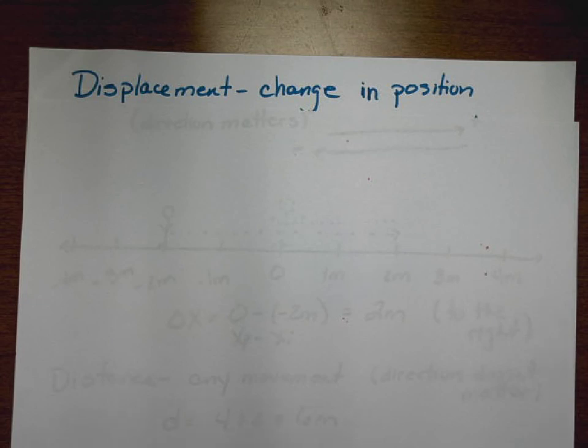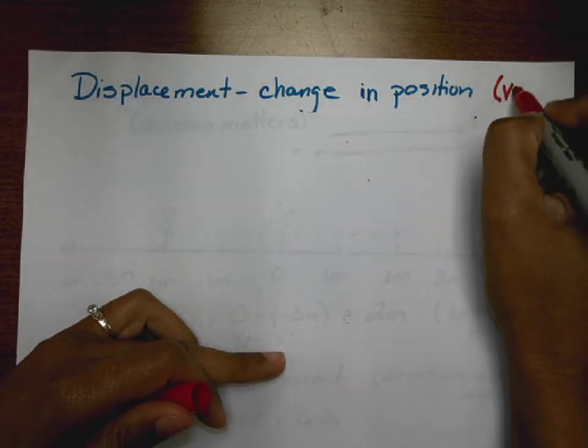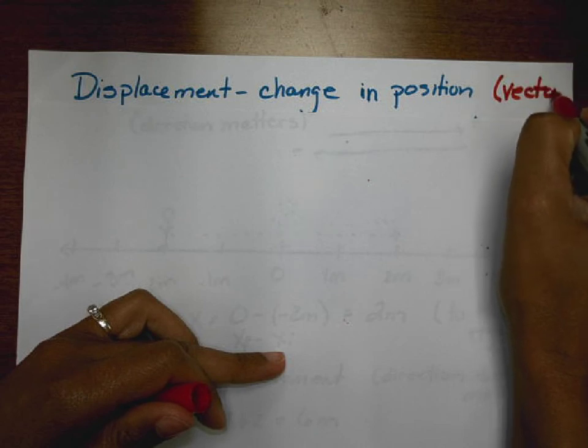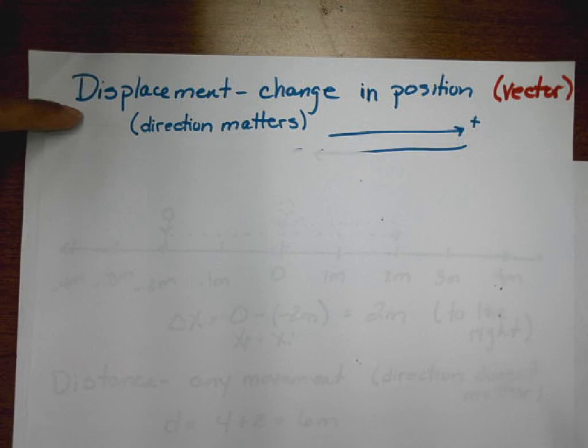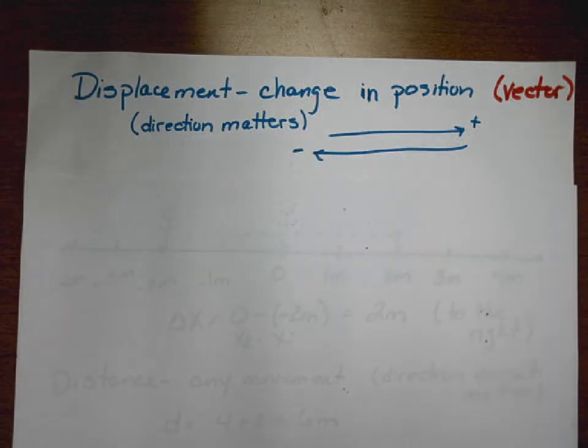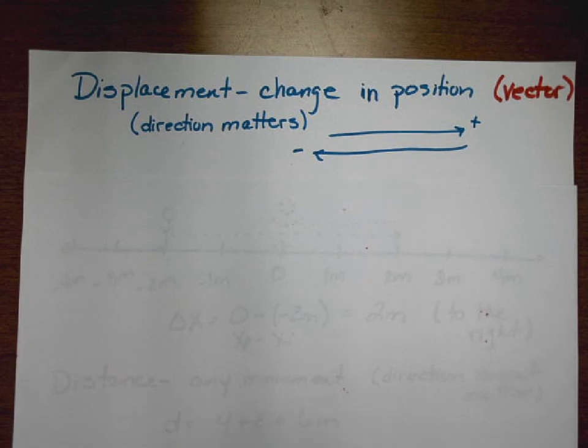When a variable has a direction associated with it, we call it a vector, V-E-C-T-O-R. That means that the direction matters. So for now, we're going to say that anything that moves to the right is in a positive direction, and anything that moves to the left is in a negative direction.